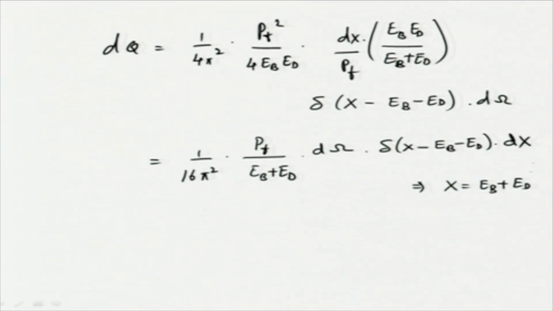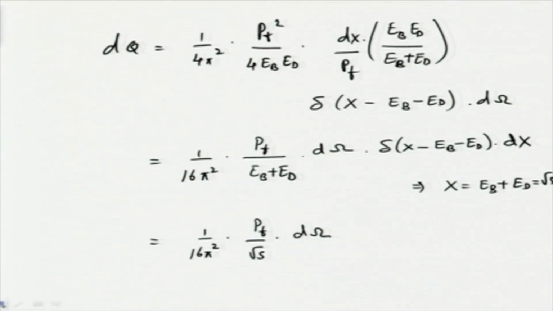So, E_b plus E_d is equal to x, we had taken it as root s. So, that will give you 1 over 16 pi squared p_f over root s d omega. It's as simple as that.